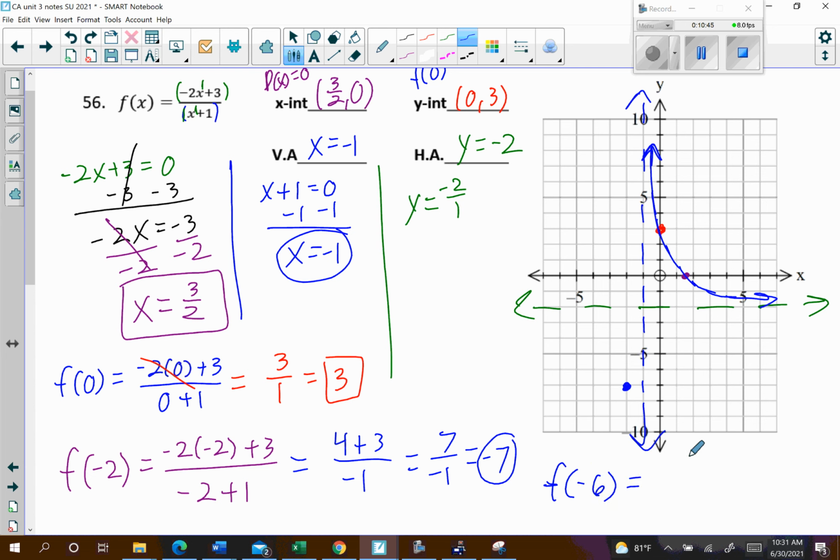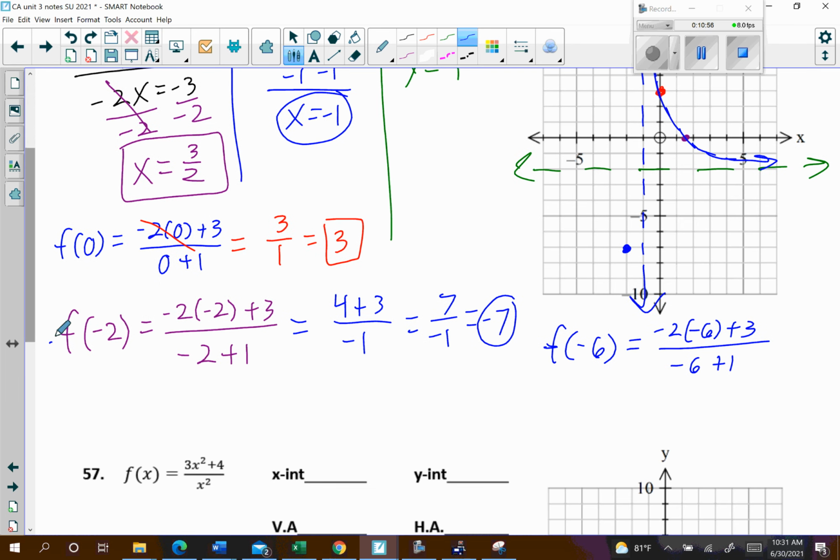So we're going to have negative 2 times negative 6 plus 3, and then all over negative 6 plus 1. When you multiply on top, that'll become 12 plus 3 over negative 5. So we end up getting 15 over negative 5, which is negative 3 when we reduce it.